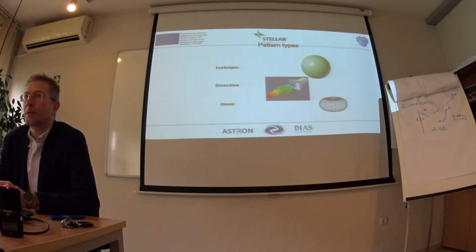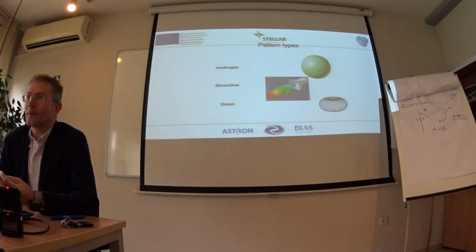Which source has an isotropic pattern? A sphere. Yes, but in nature, what is something that's symmetrical, who radiates constant power in each direction? The sun. The sun, of course. The sun has an isotropic pattern, almost isotropic.